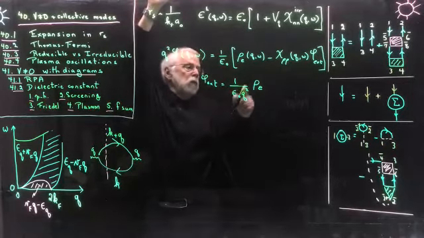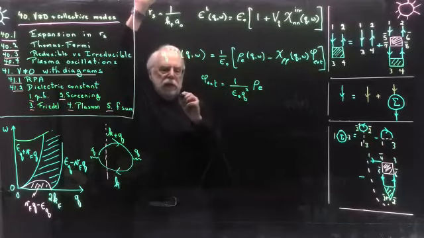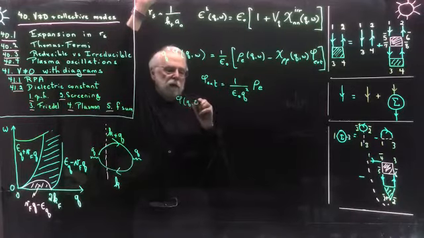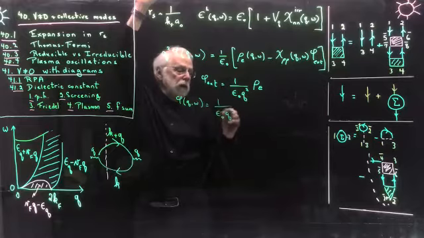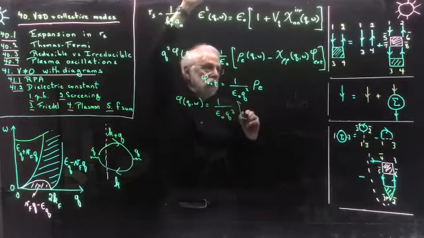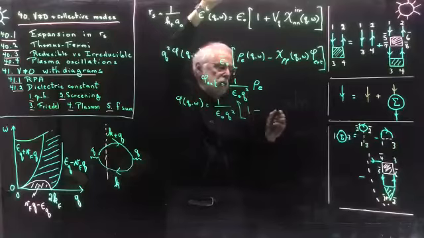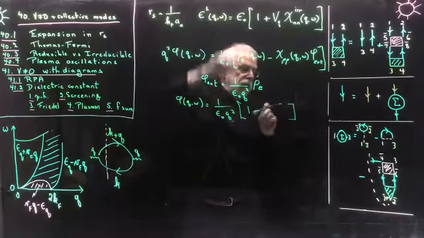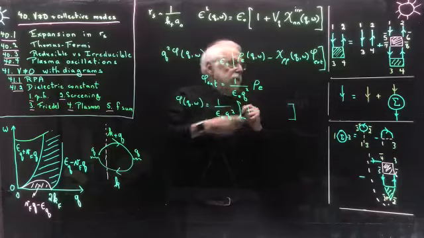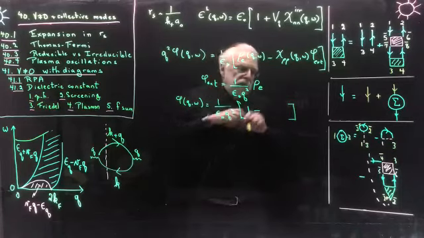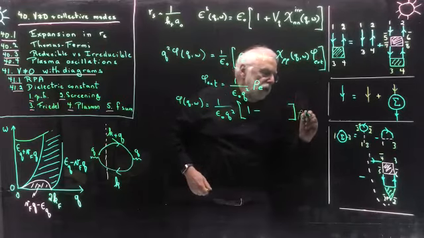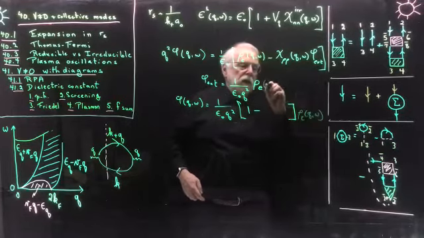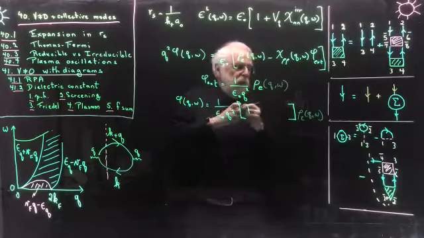So if I do the same thing as I did earlier, you see that phi of Q and omega here is 1 over epsilon 0 Q squared times 1 minus, and then I will have, times rho external of Q and omega.